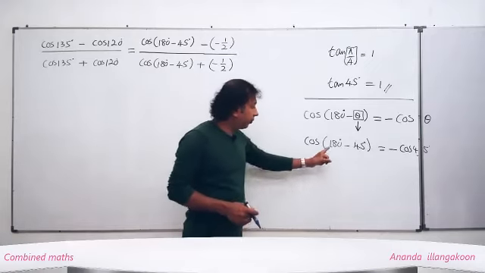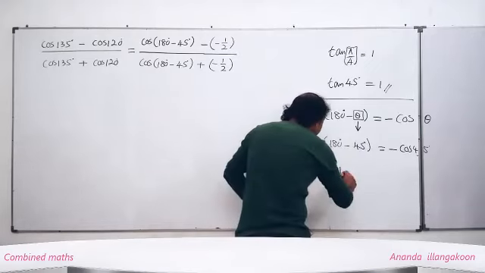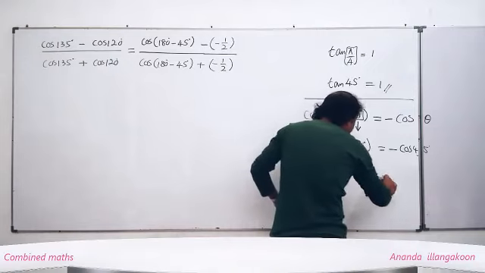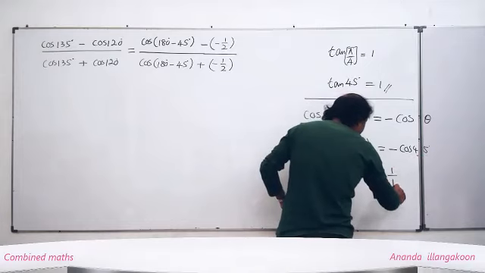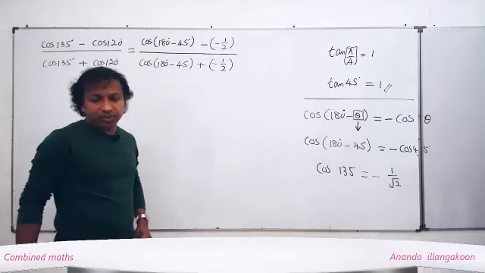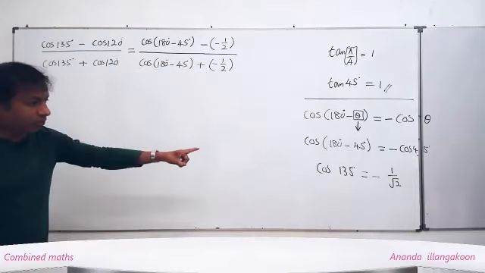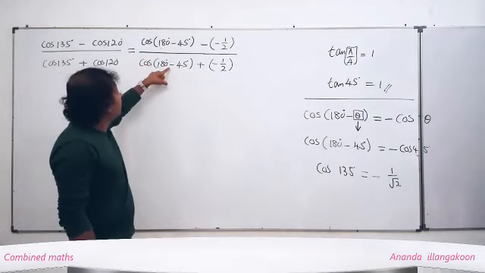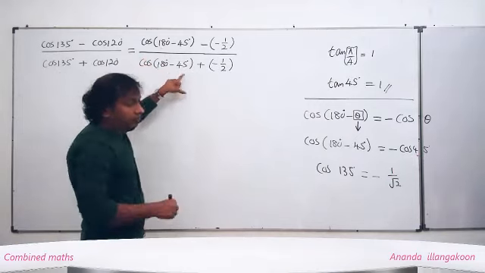Then what do you get, people? This is 135. Right hand side, it's minus cos 45. Cos 45 means 1 over root 2. Last week we found cos 45 is, people, 1 over root 2. Then what do you get? For cos 135, minus 1 over root 2. Then this and this you can write that way.